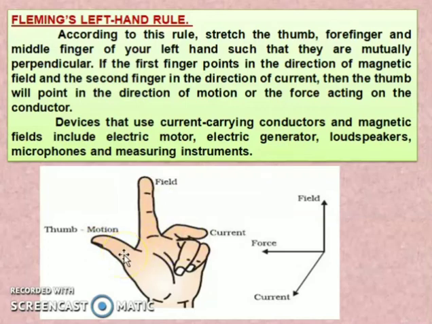Devices that use current carrying conductors and magnetic fields include the electric motor, electric generator, loudspeaker, microphone and measuring instruments. Their principle depends on Fleming's left-hand rule. Hope you all have understood this.